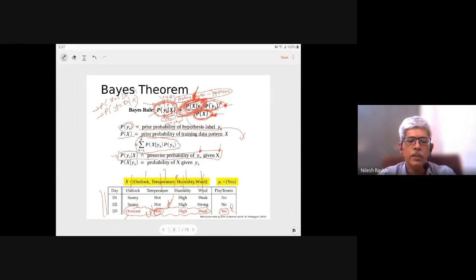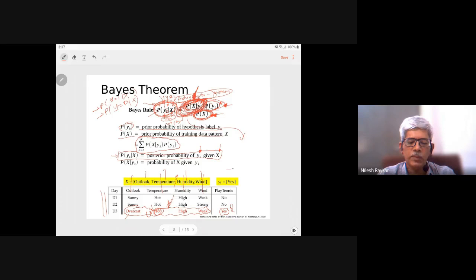You don't require the entire pattern, that is the high humidity, high wind. A particular pattern need not exist in a data set, but based on individual feature patterns, that is how many days sunny and playing yes, how many times high humidity and playing yes. By getting the individual feature frequencies, we can calculate the overall pattern probability. It will become more clear as we take an example.